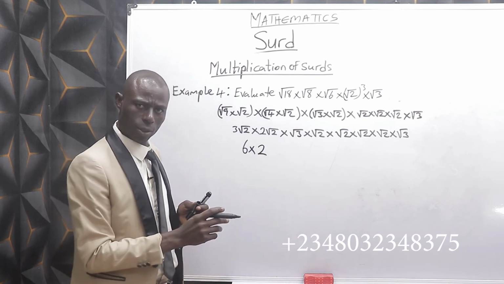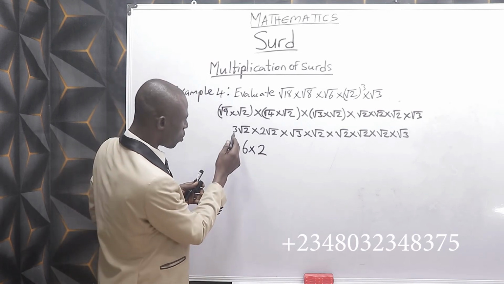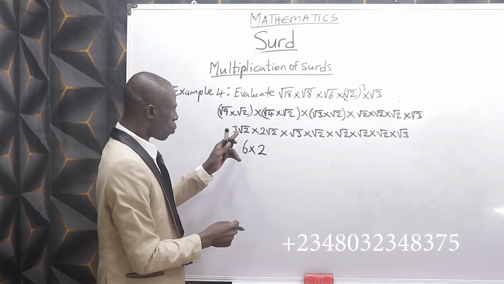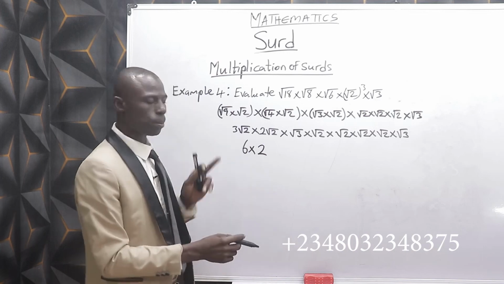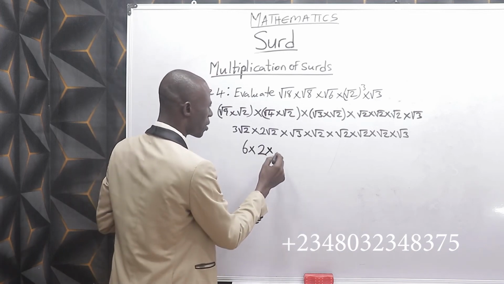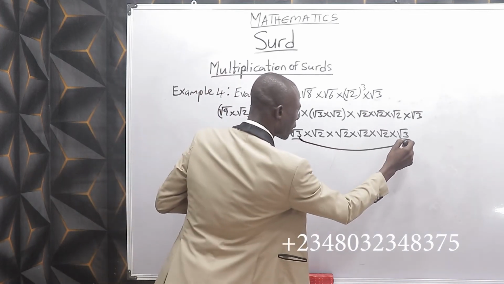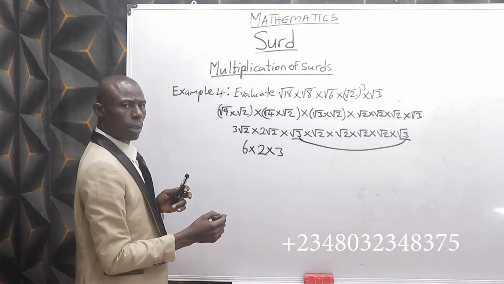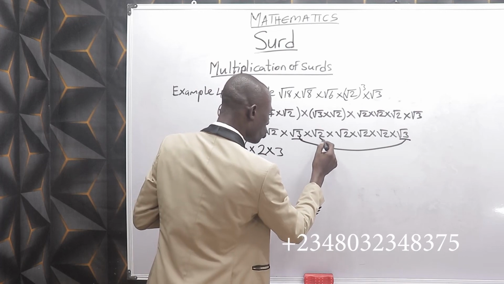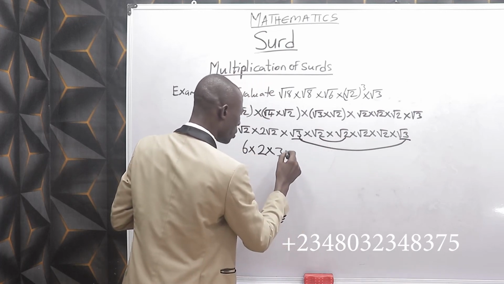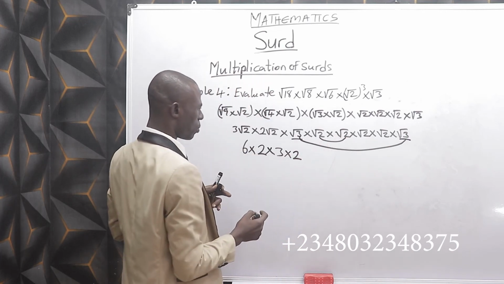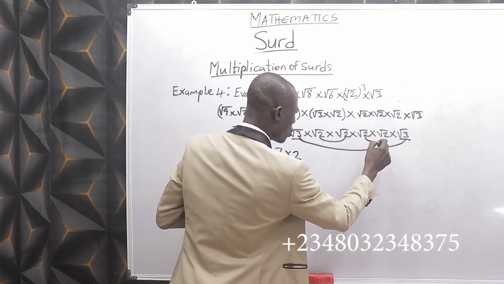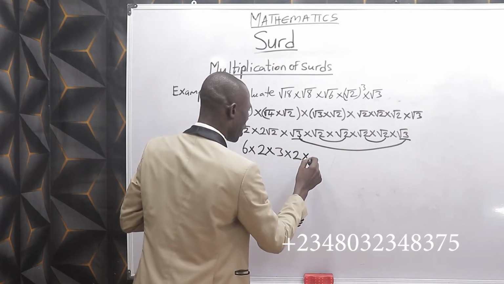I hope you are getting what I'm doing. You first multiply 3 times 2, 6, times root 2 times root 2 is 2, times root 3 times root 3, that is 3. Again, root 2 times root 2, that's 2. Also, root 2 times root 2 is another 2.